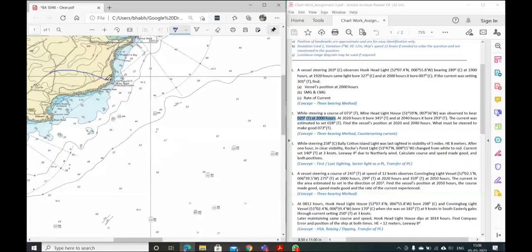Okay, this is where we have the lighthouse. Minehead Lighthouse was observed to bear 025 at 2000 hours.